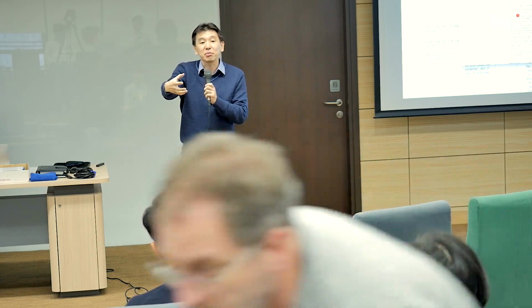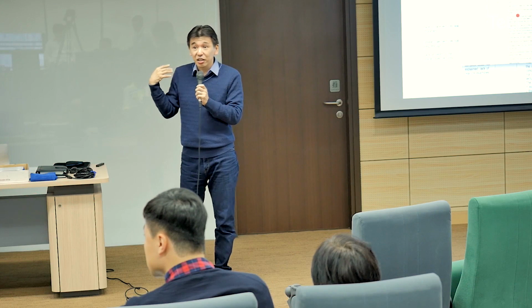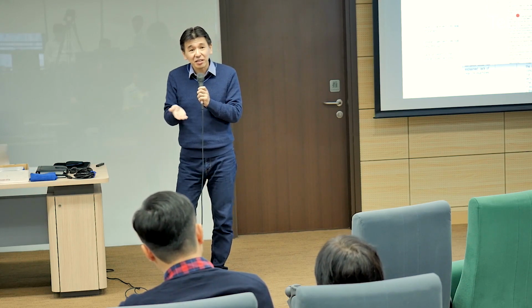For the MOOC, I had no idea, so I just assumed. I had the target audience in mind, like 17 to 20 years old, university freshmen or senior high school students in the US, India, the Philippines, and elsewhere who are interested in media studies. That was the target I had. But after I ran the course, if I look at the learning analytics, the average age for the students was 28.